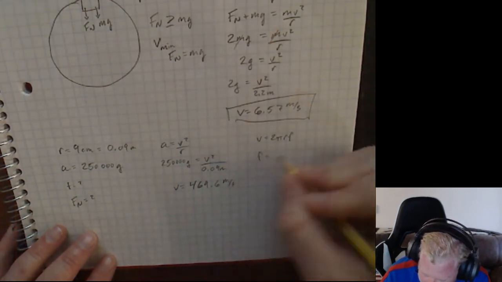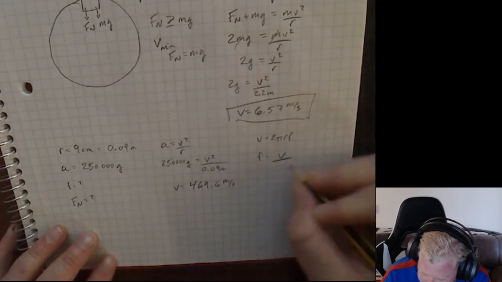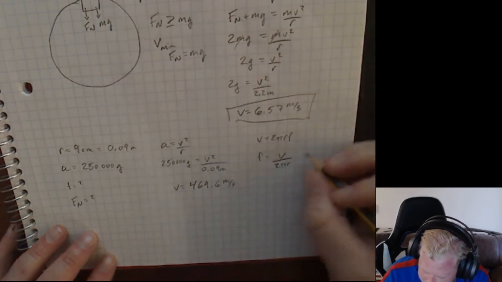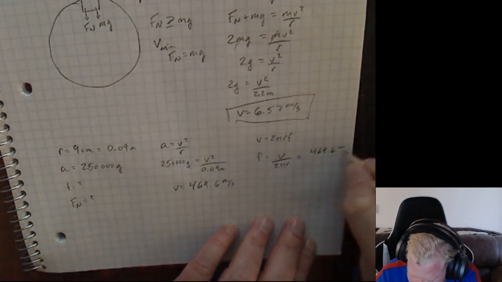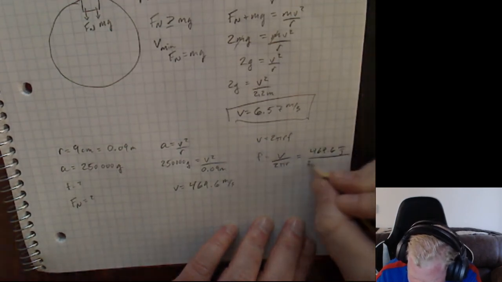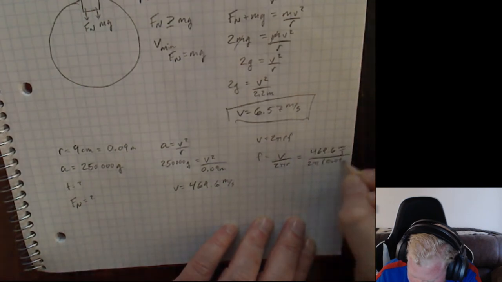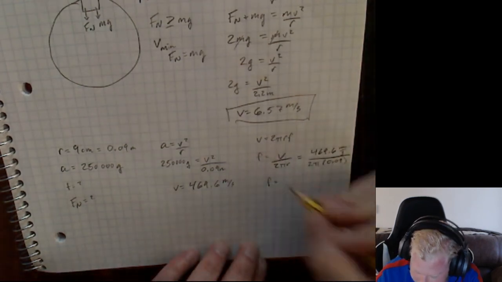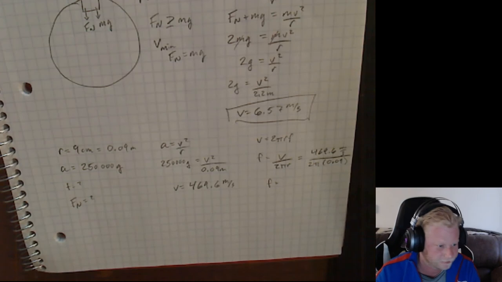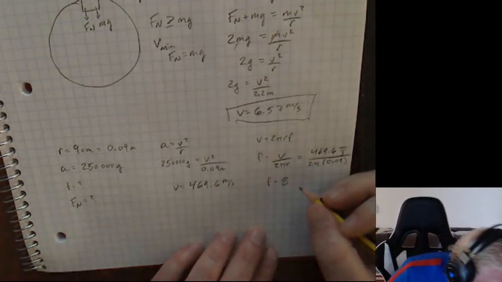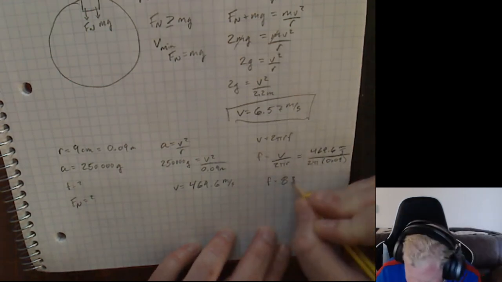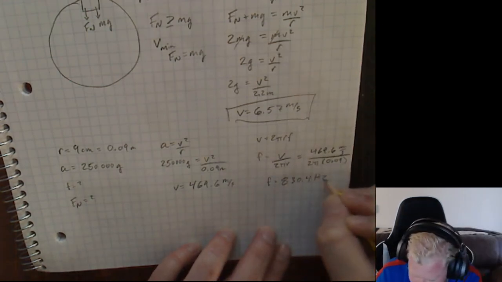So frequency would be equal to v over 2 pi r, or 469.6 over 2 pi times 0.09. So go ahead, solve that out. And we get a frequency of 830.4 hertz.